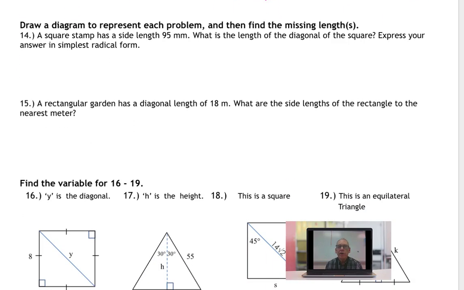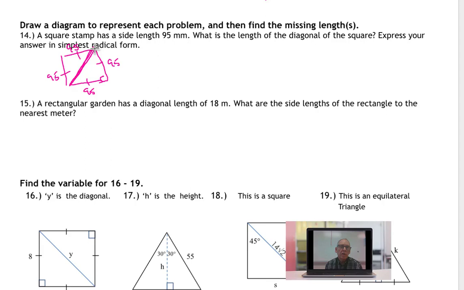Okay, for these, we want to draw a diagram and then find the missing lengths. So we're talking about a square stamp. So we're going to draw a square. The side length is 95. And it wants us to tell the length of the diagonal.